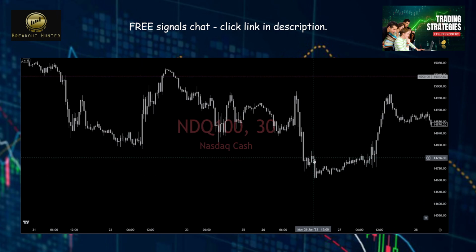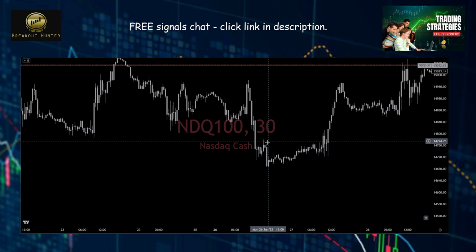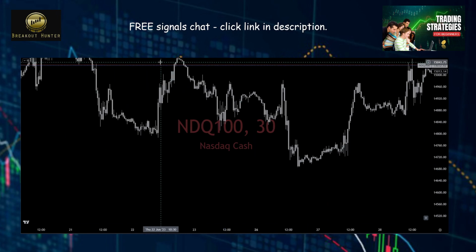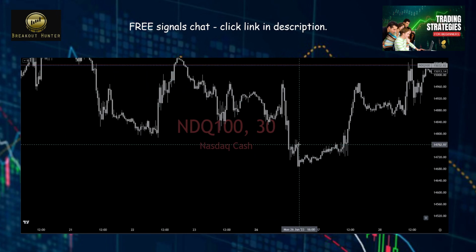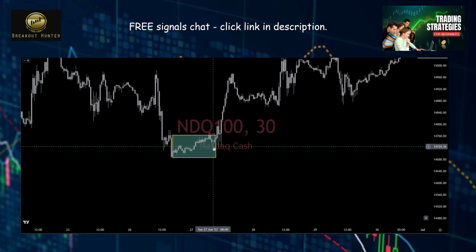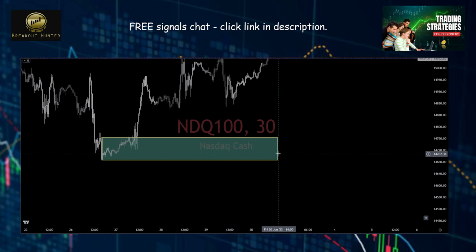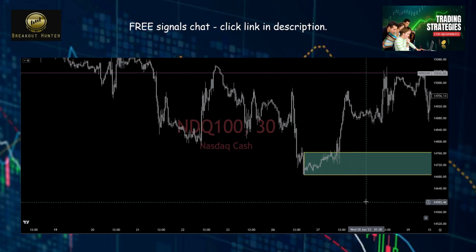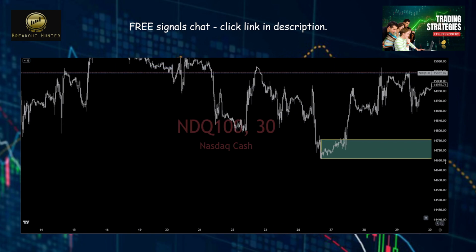There was an abrupt about-face here, so this became the demand zone. We're going to draw it, a big one, just like that. And I would close my short trade up here.